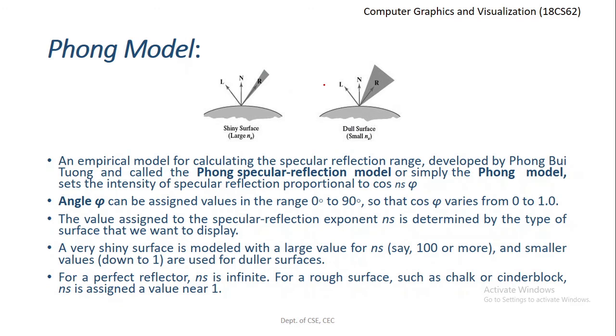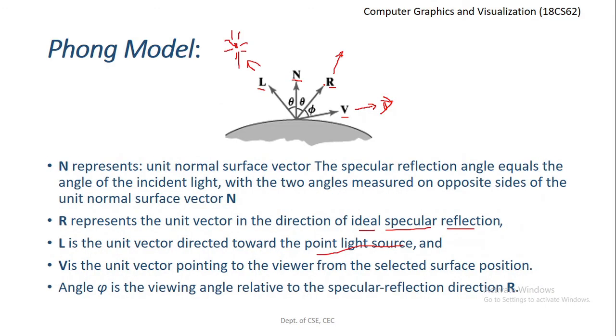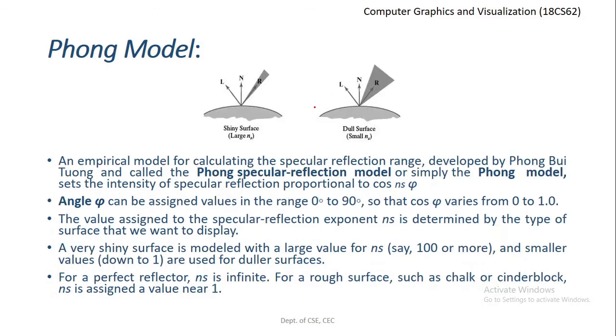Now, this empirical model for calculating the specular reflection range was developed by a person called Phong Bui Tuong, and hence it is called the Phong specular reflection model, or simply the Phong model. It sets the intensity of the specular reflection proportional to cos^ns of phi. Okay, so taking into account this angle phi, we can calculate the intensity of specular reflection, which is proportional to cos phi raised to the power of ns.